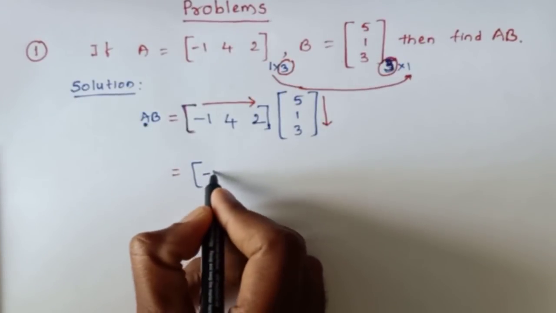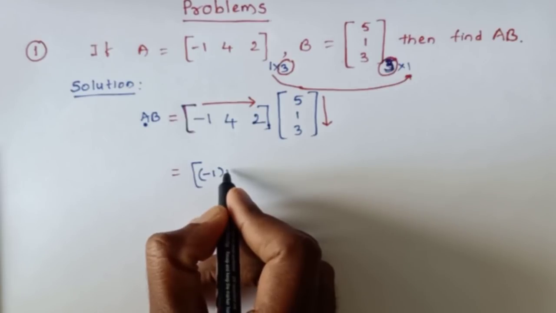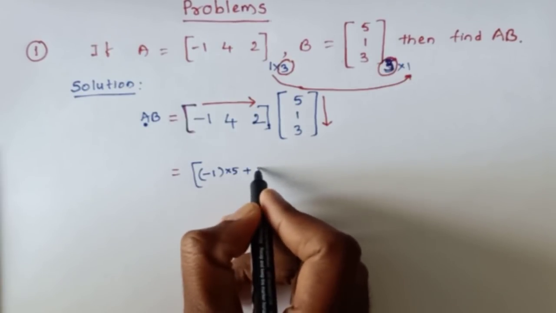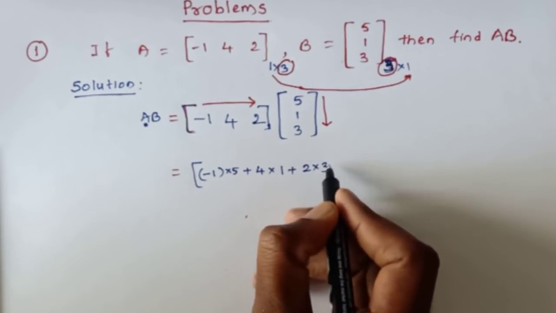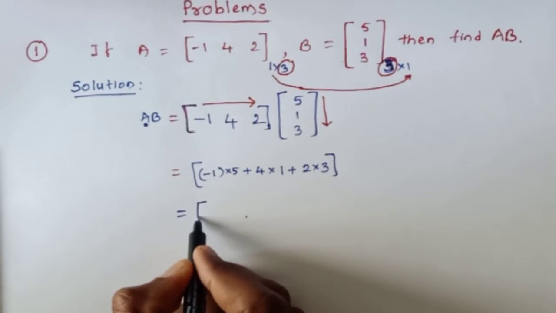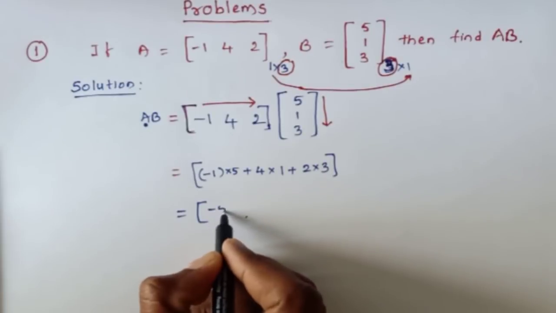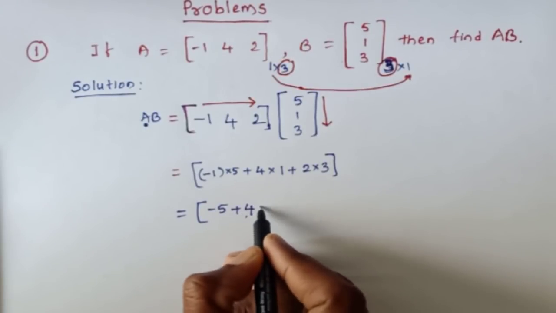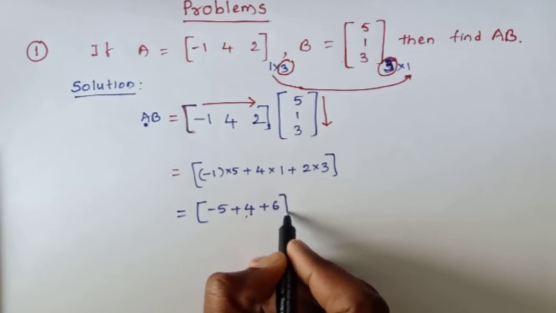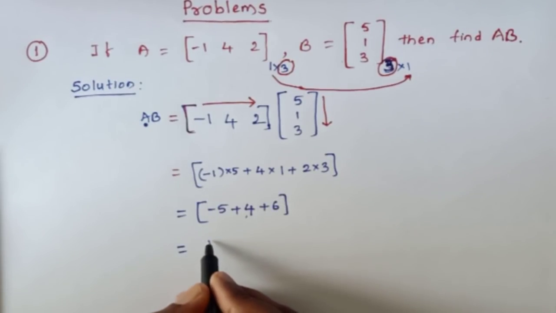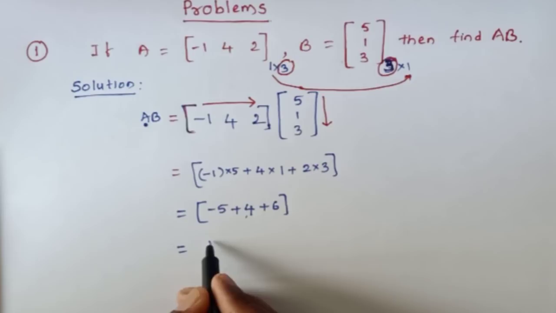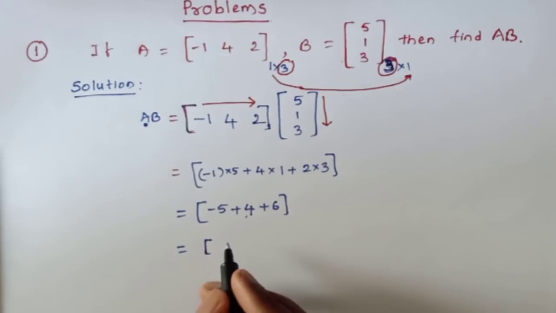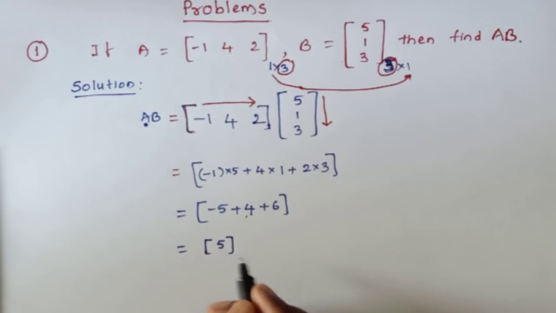That is -1 into 5 plus 4 into 1 plus 2 into 3. So -1 into 5 is -5, plus 4 into 1 is 4, plus 2 threes are 6. Which equals -5 plus 4 is -1, plus 6 is 5. So this is of order 1 by 1.